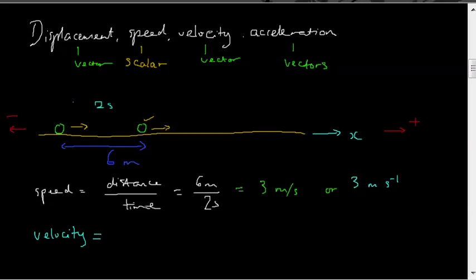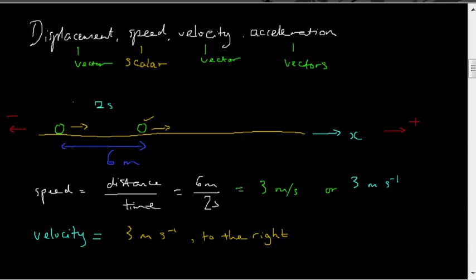So I can say velocity equals 3 meters per second to the right. That gives me the complete description of this velocity. But it's a bit cumbersome. We have to write out in words to the right.